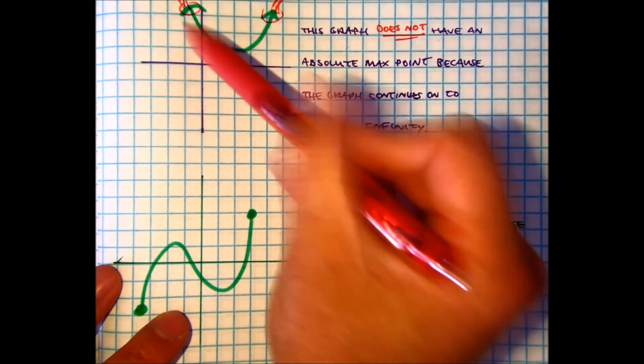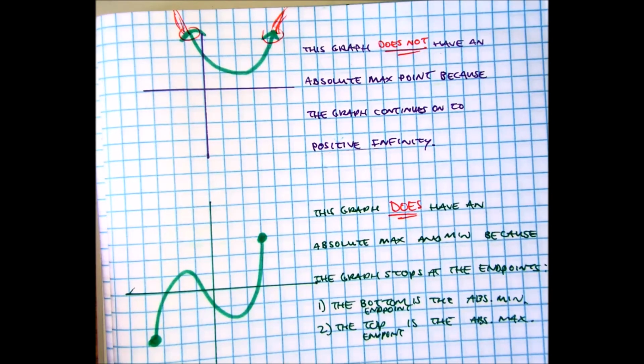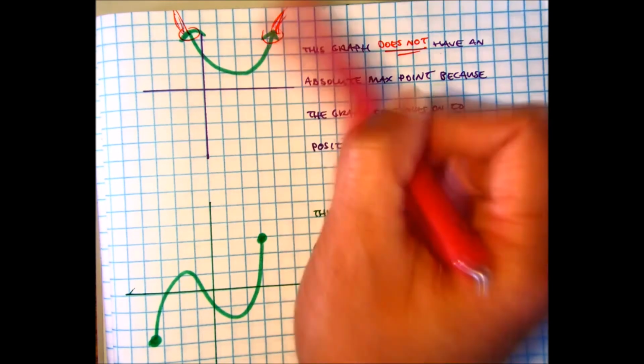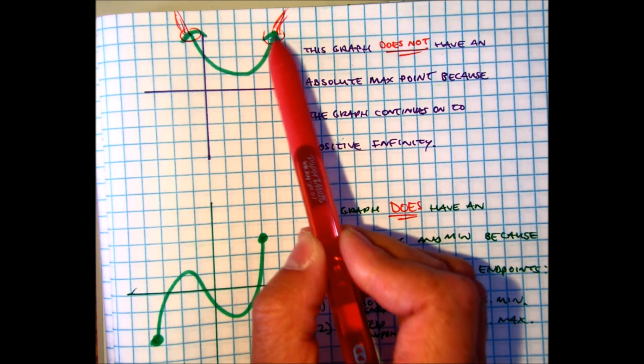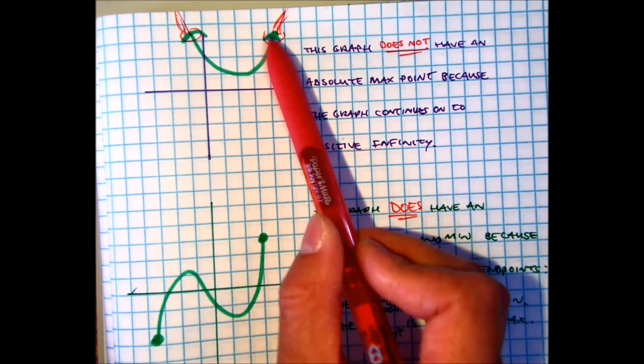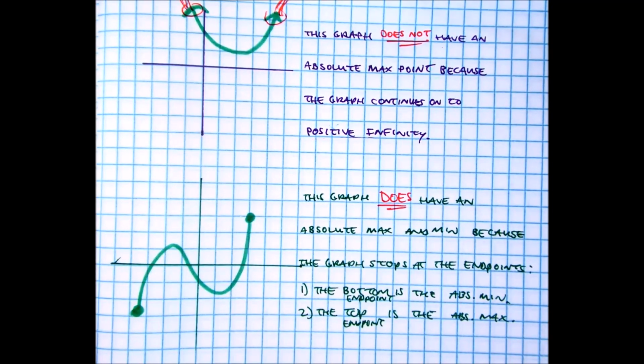So there's going to be some really high point that we can't even see on our graph. Okay? So pay attention to the end behavior. In this case, it has arrows for what we know for right now.